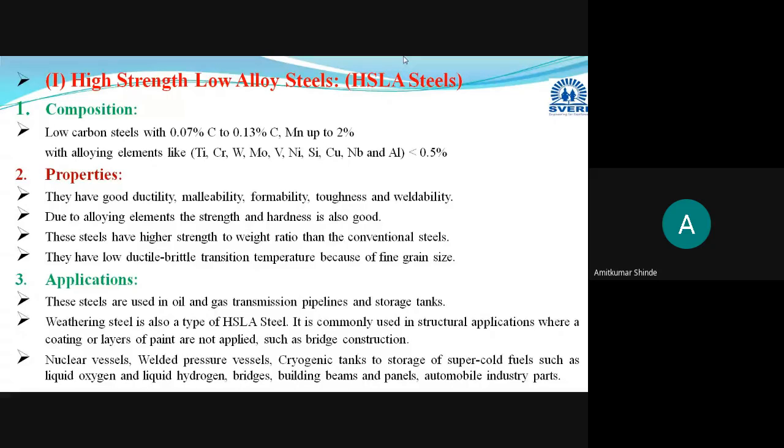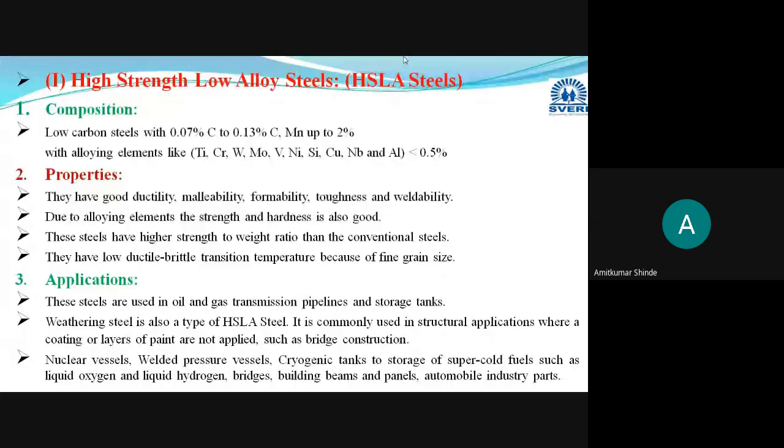Generally, these high strength low alloy steels, that is HSLA steels, are also termed as microalloyed steels. Microalloyed steels or HSLA steels or high strength low alloy steels. As far as their composition is concerned, these are generally low carbon steels with carbon percentage from 0.07 to 0.13%, and manganese is added here, with a maximum amount of manganese up to 2%.